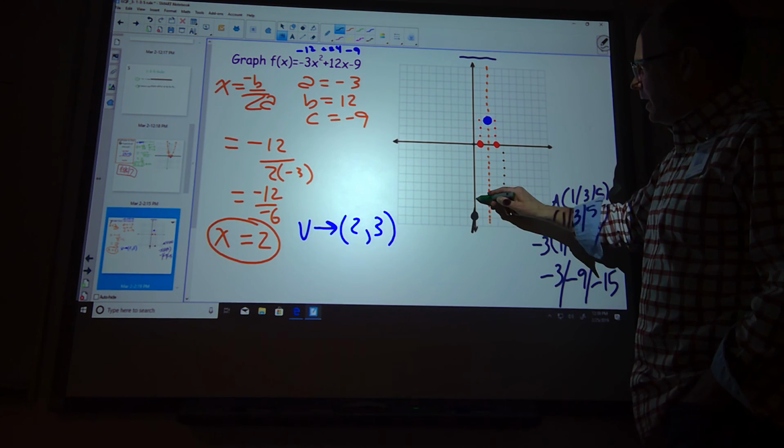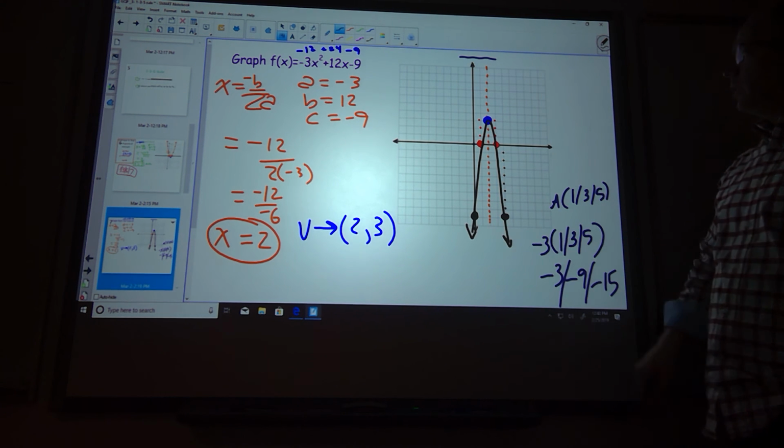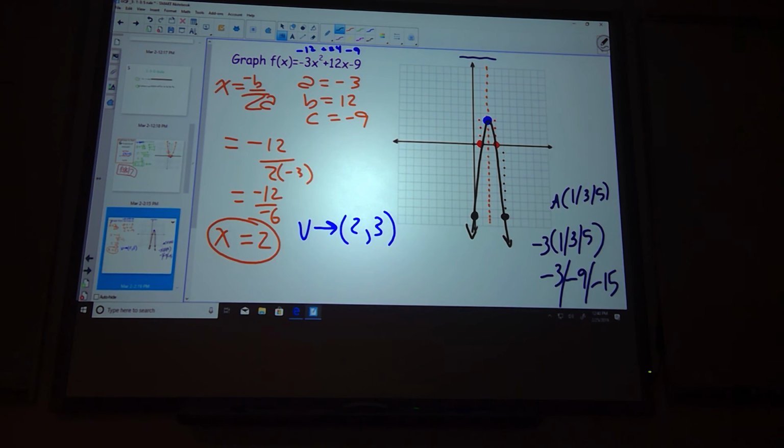That's about as many dots as I can squeeze into this one. Could I identify what those dots are? Sure, they're whole numbers. Do I see my roots? Yeah, in this case I do. I have a root at 1, 0 and at 3, 0. It crosses the y-axis at 0, negative 9. It's all right there.